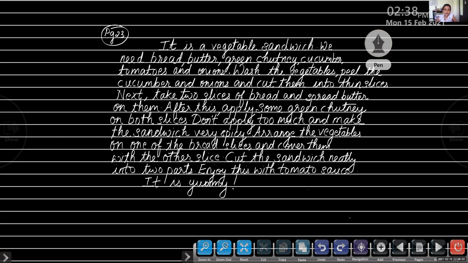Arrange the vegetables on one of the bread slices and cover them with the other slice. Cut the sandwich neatly into 2 parts. Enjoy this with tomato sauce. It is yummy. Okay.